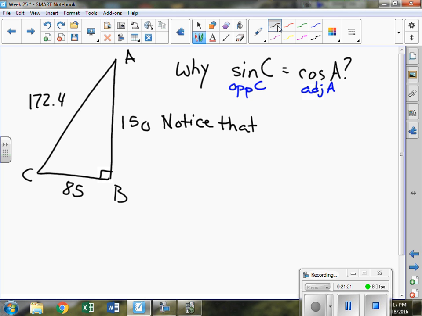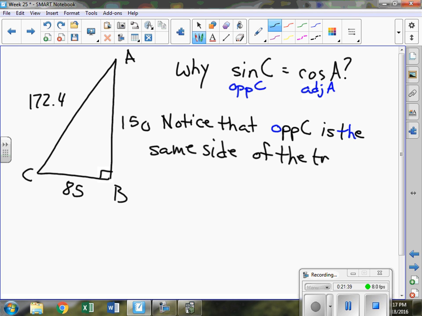We are going to make this observation. Opposite of C is the same side of the triangle as adjacent of A. Noting opposite of C is that 150.